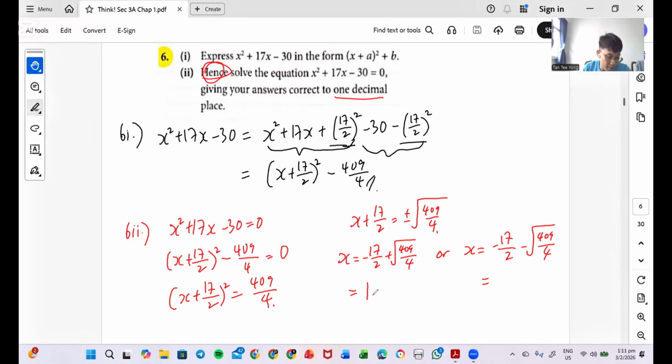So this is 1.6, 1 dp. A bit weird to be 1 dp, but that's what the question wants. Usually the answer should be in 3SF. So negative 18.6, 1 dp. All right, so this is question 6.